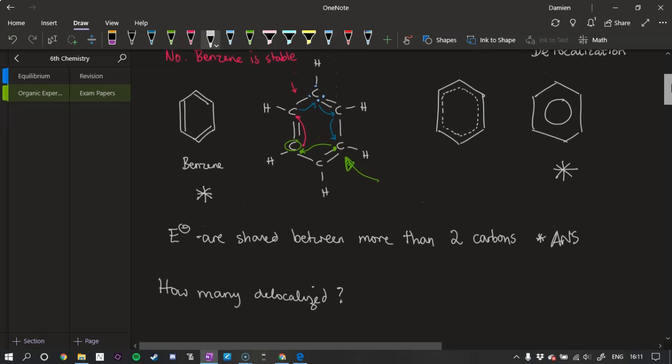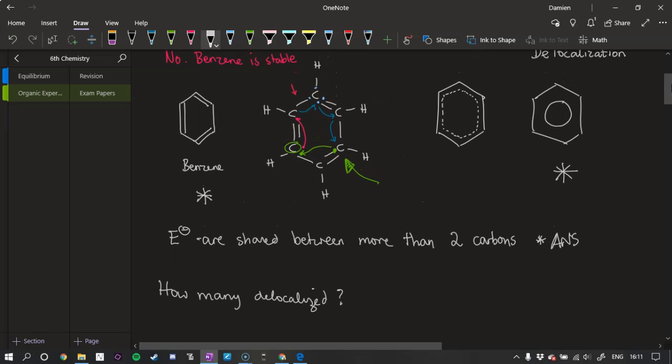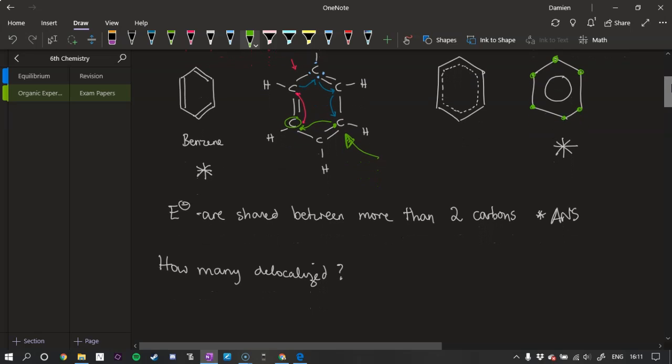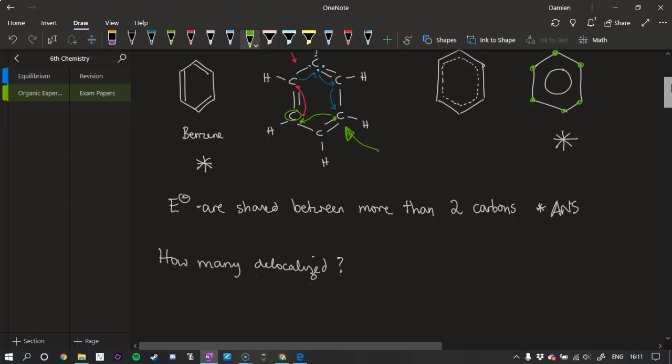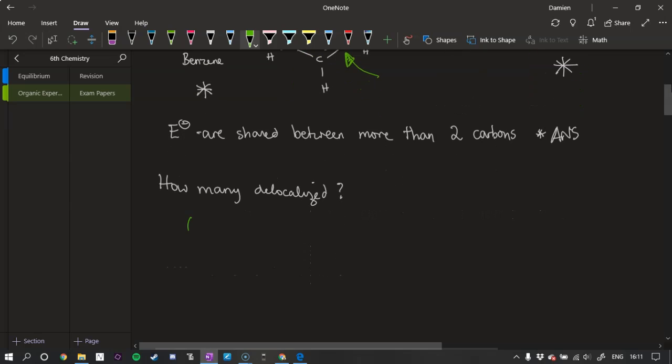In this one, you can see you have 6 carbons: 1, 2, 3, 4, 5, 6. Because there are 6 carbons and that's where the electrons are, moving between those carbons, you have 6 delocalized electrons.